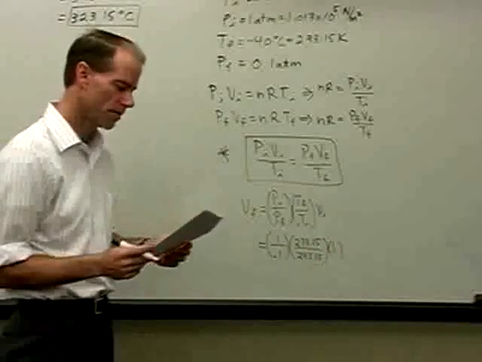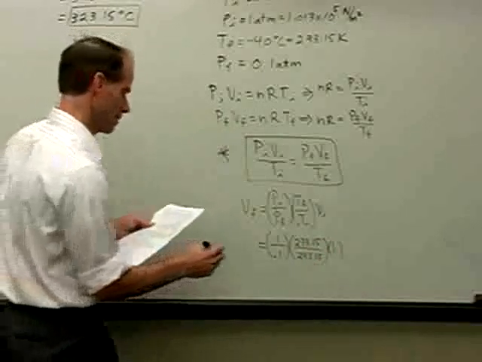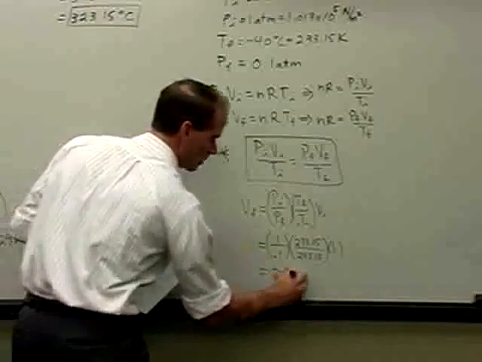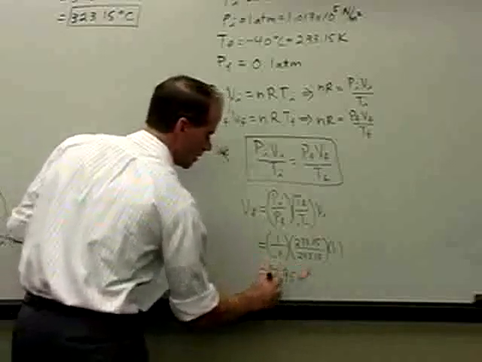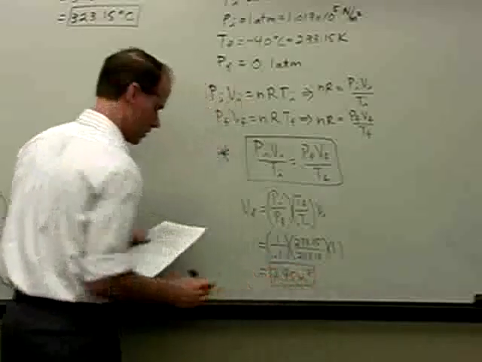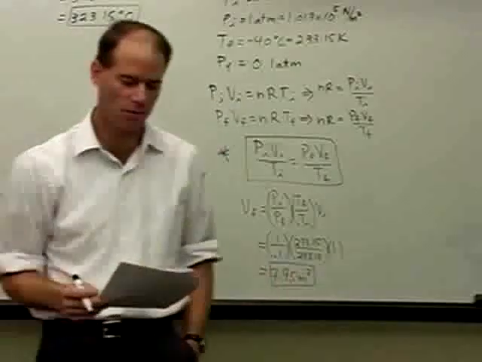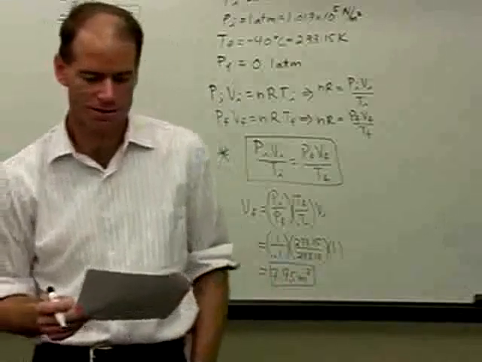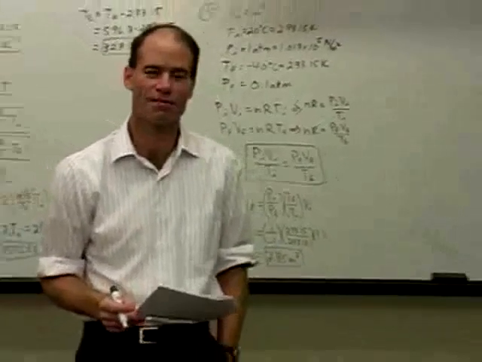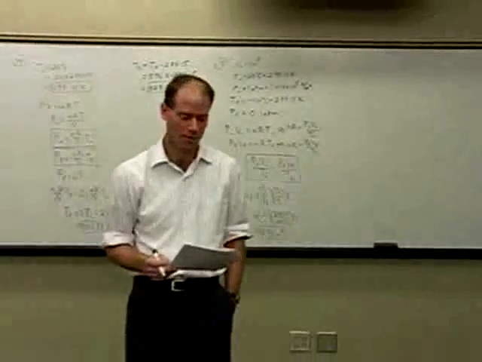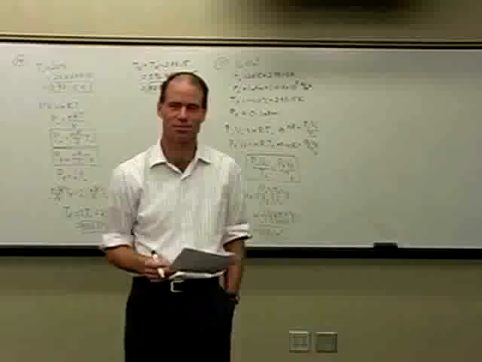So if I put all those values in there, I get 7.95 cubic meters. So this helium-filled balloon went from 1 cubic meter to 7.95 cubic meters, 8 times as much. I hope it is able to stretch a lot, otherwise it'll pop.